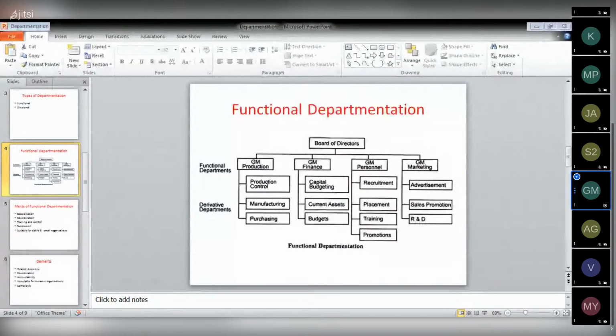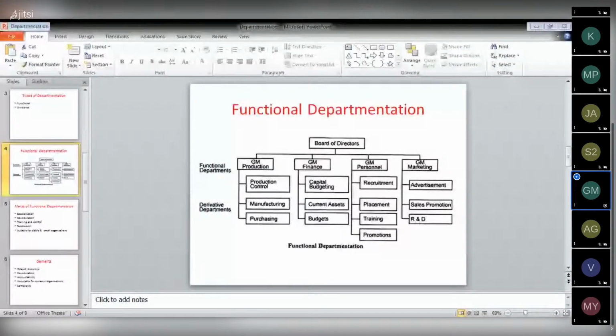And this functional department is not suitable for a dynamic organization, because a dynamic environment does not accept the functional activity. If you want to be competitive in the market, you need to keep on changing your procedures, functions, products, and processes.